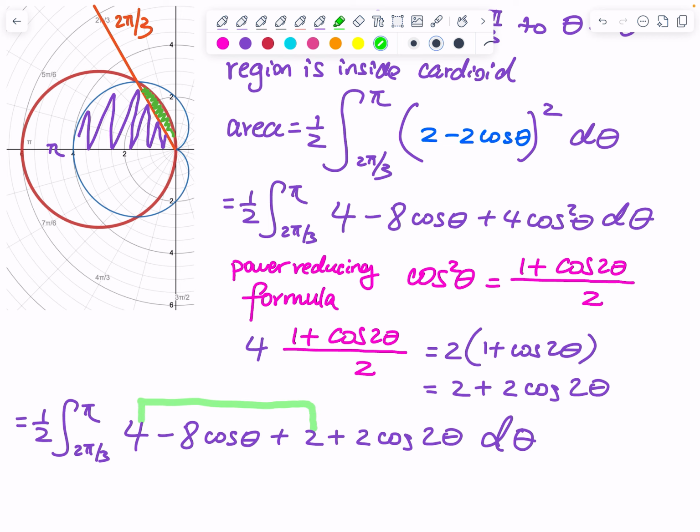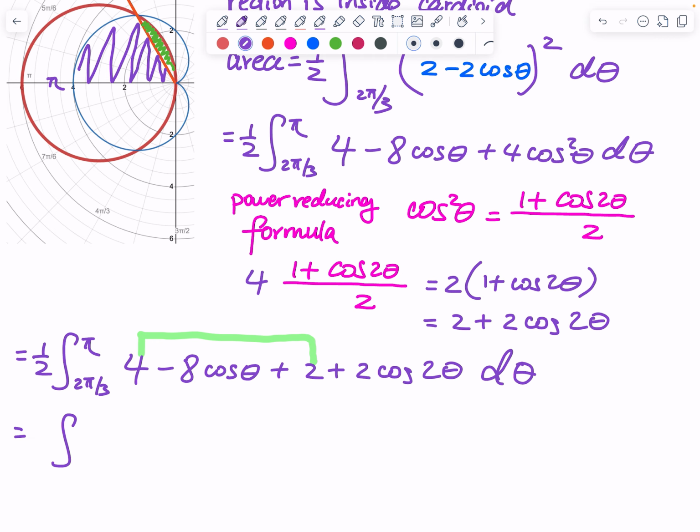And then I want to distribute the 1/2. After the distribution is done, 6 divided by 2 is 3, 8 divided by 2 is 4, and 2 divided by 2 is 1. Okay, then we integrate one term at a time.